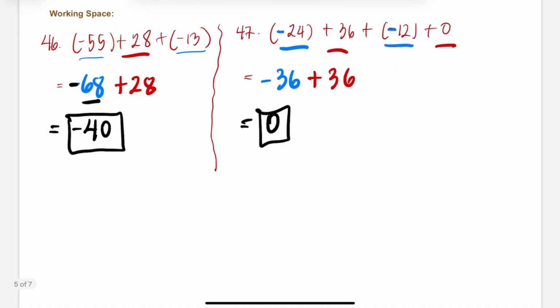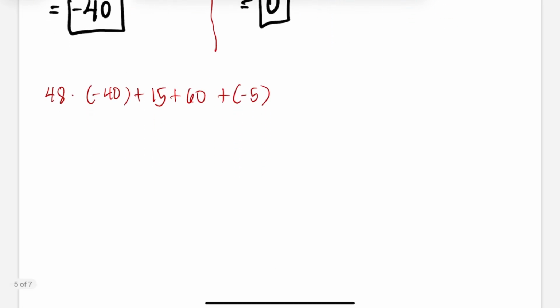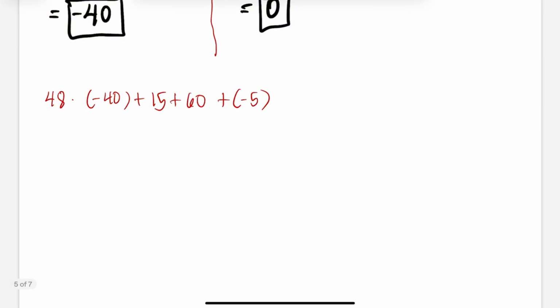Okay, number 48. In number 48, we have negative 40 plus 15 plus 60 plus negative 5. Okay, let's add the numbers with negative signs first. So the numbers with negative sign here are negative 40 and negative 5.